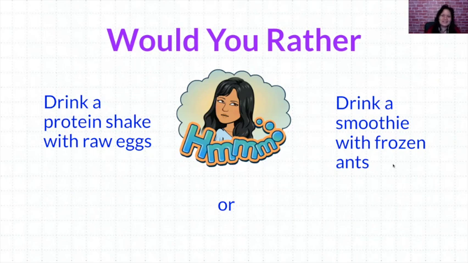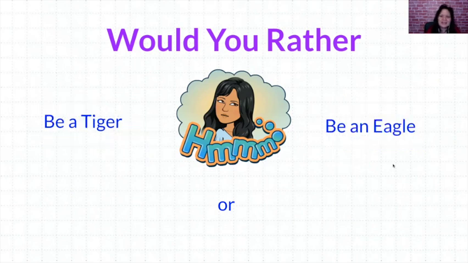But that was funny. Next one, would you rather be a tiger or be an eagle? Again, it's really funny. You never really know what kids are going to say, but they talk about being able to fly and what eagles eat versus tigers and what tigers eat. But that they're cool. So that was fun.